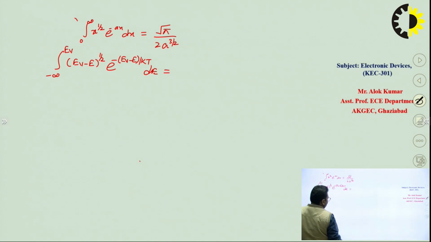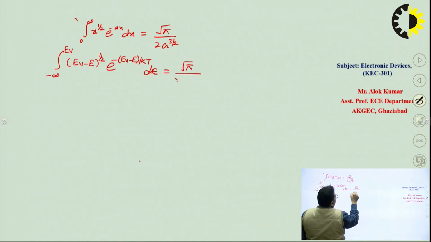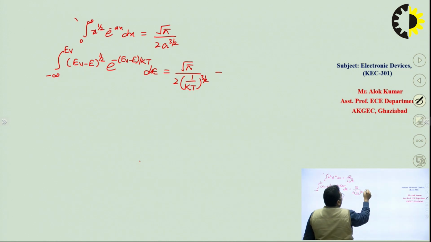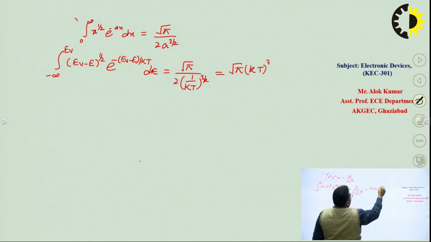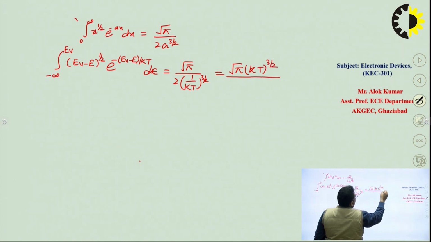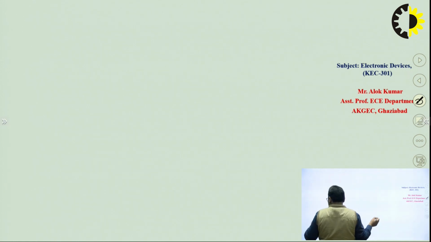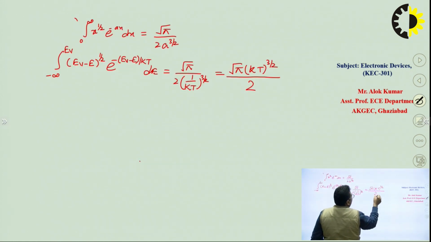So it can be written as under root pi divided by 2 into 1 by KT to the power 3 by 2, or under root pi into KT to the power 3 by 2 divided by 2.